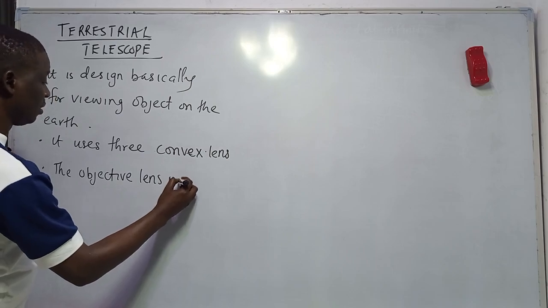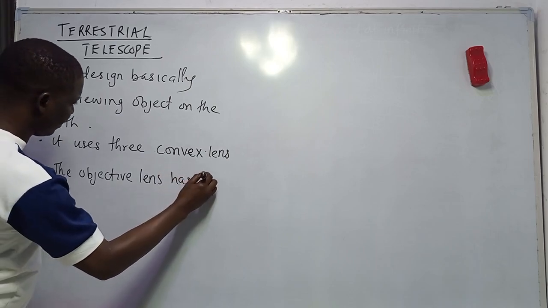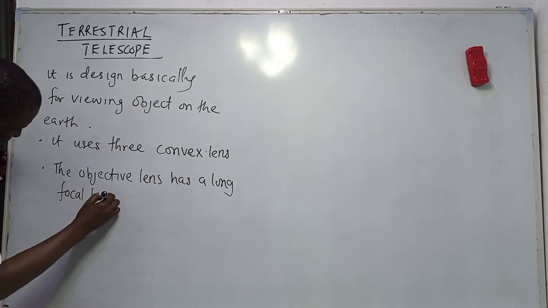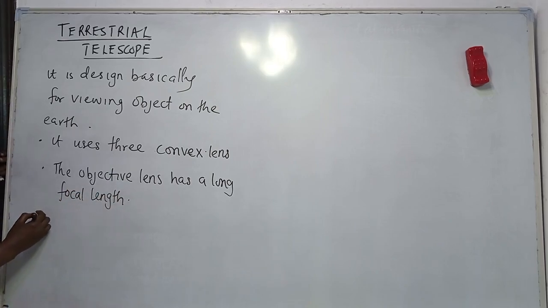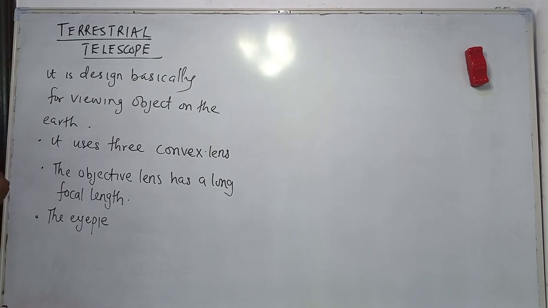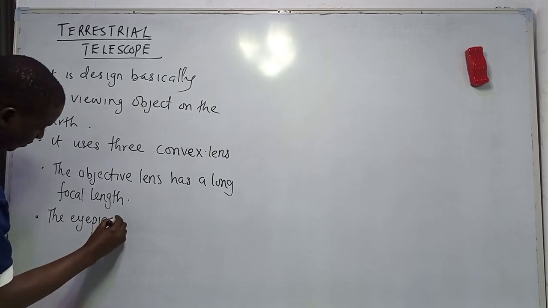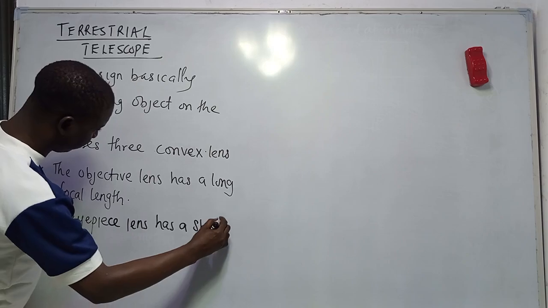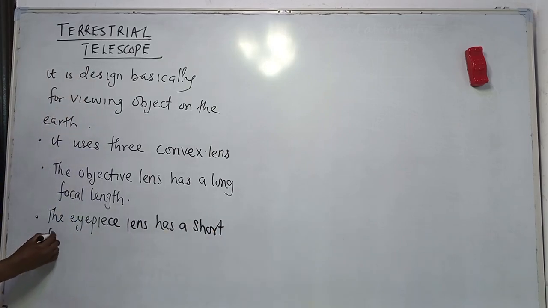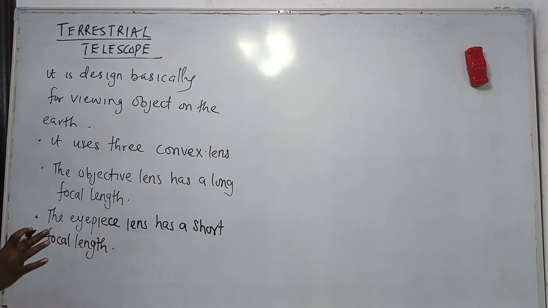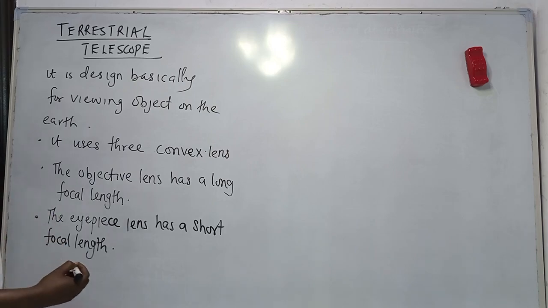The objective lens has a long focal length, and then the eyepiece lens has a short focal length. So in this case, how do we make the arrangement? How do we draw the arrangement of this instrument?